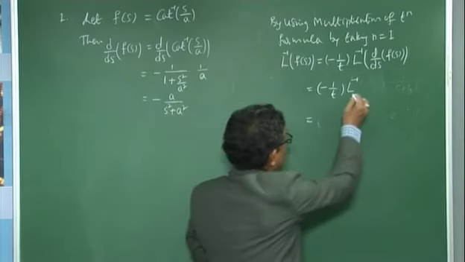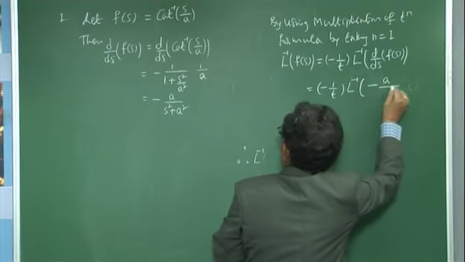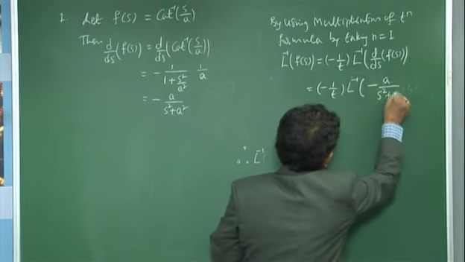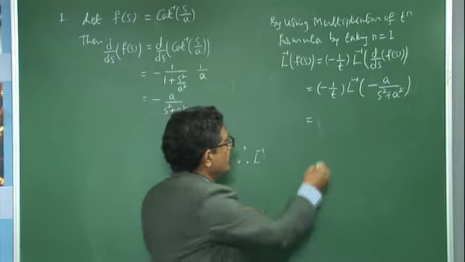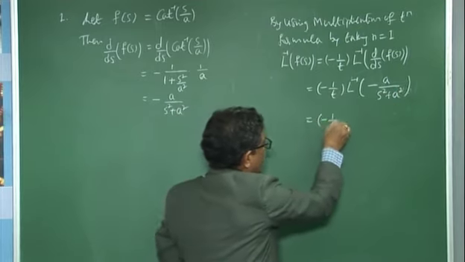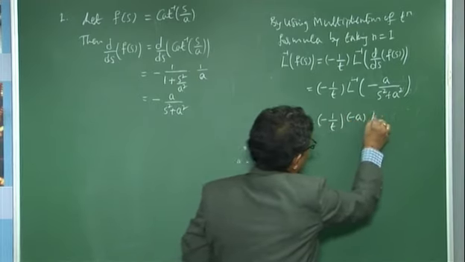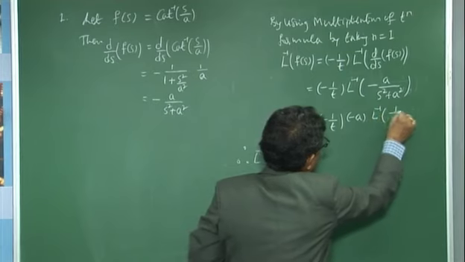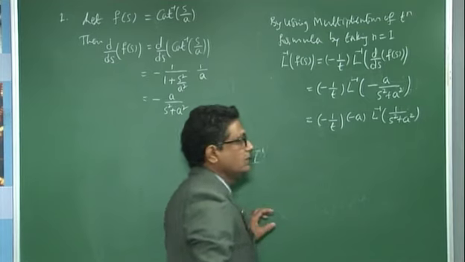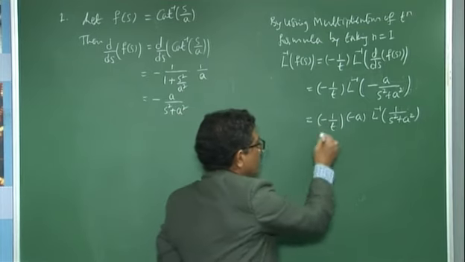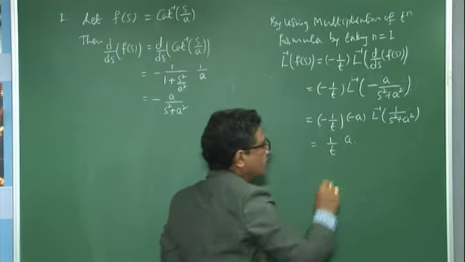Now, minus 1 by t, substitute the value, minus a divided by s square plus a square. Now, this is minus 1 by t as it is, minus a you can take it outside, L inverse of 1 divided by s square plus a square. Now, minus into minus it is plus 1 by t into a.